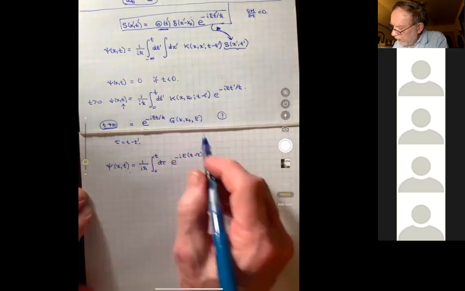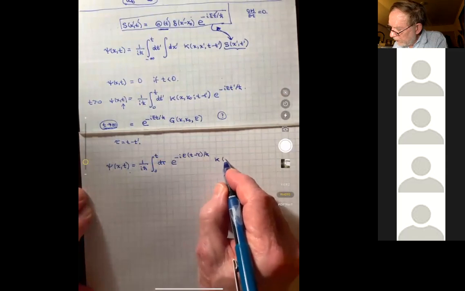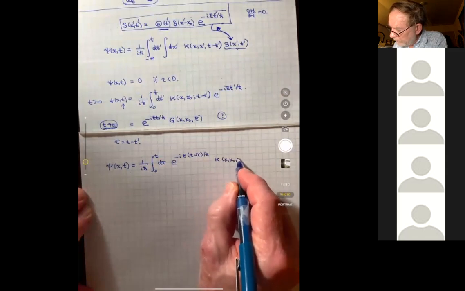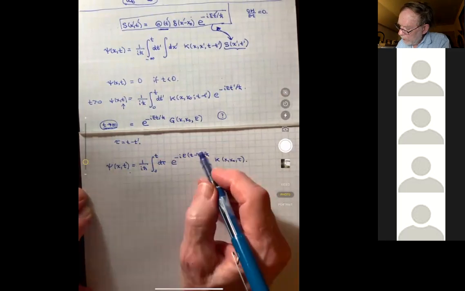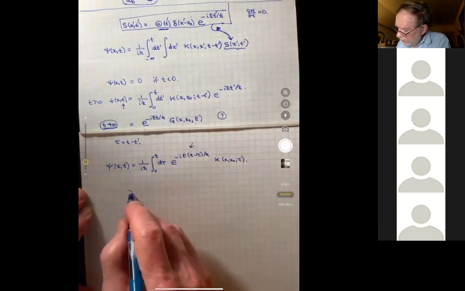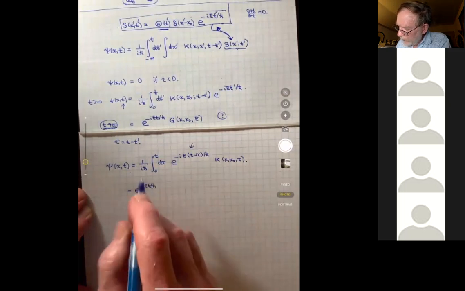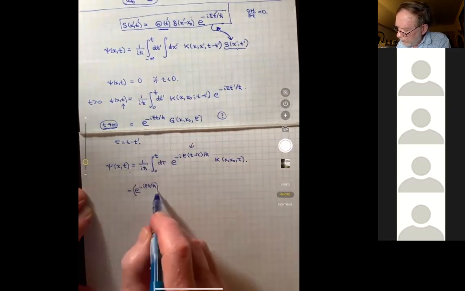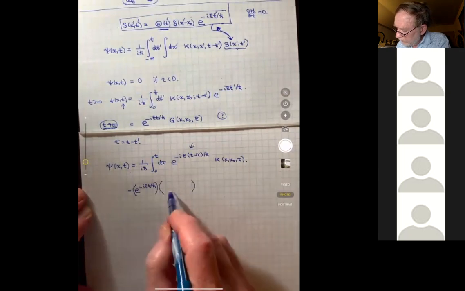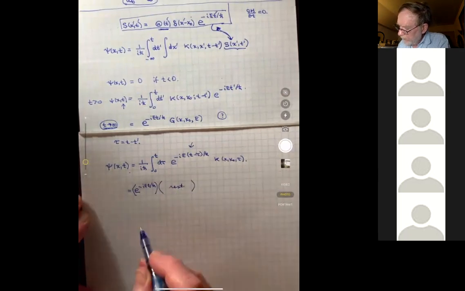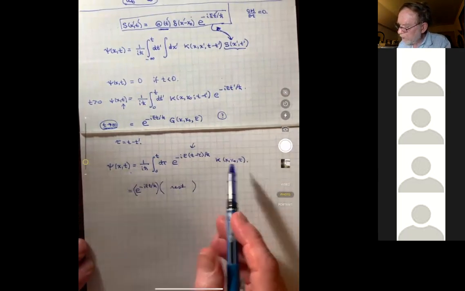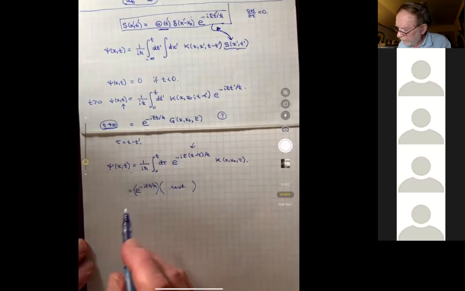And then the k becomes k of x, x0, and tau. And you can see appearing here the actual time dependence. This is equal to e to the minus i E t over h bar. That's what we expect. That's the time dependence of the driving term, times the rest of it. And the rest of it is just reading off this integral, but omitting that time dependence.